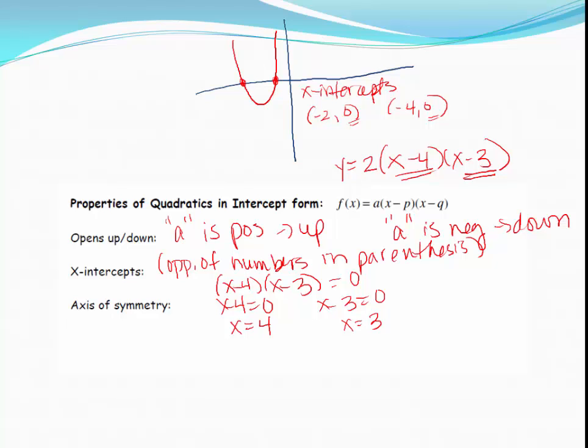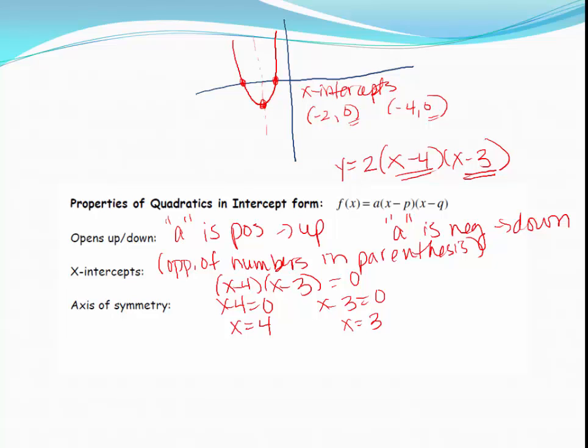And then your axis of symmetry is going to lead into the vertex. Your axis of symmetry is going to be the halfway mark between these two. So if you look at this graph, if this is an x-intercept and that's an x-intercept, we go halfway, and that's going to be your axis of symmetry. And that's also going to be where your vertex is located.